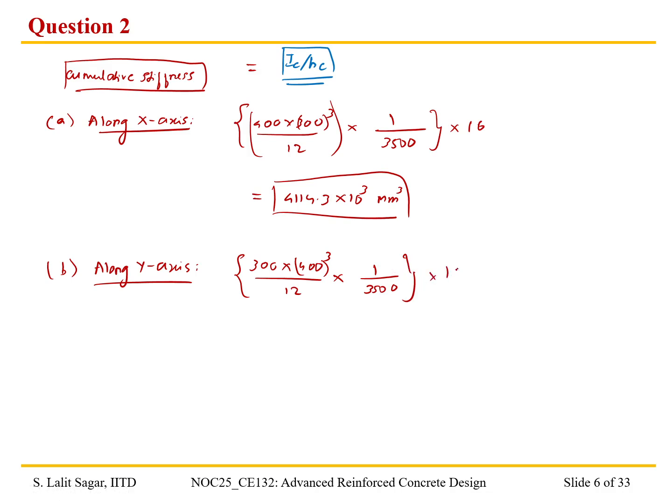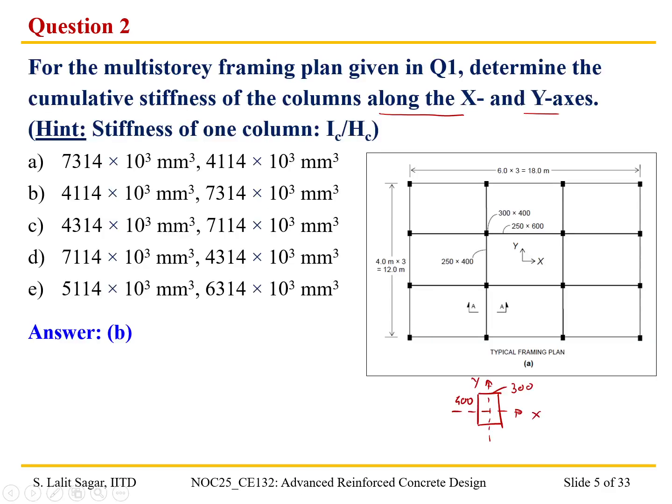Multiply this by 16 columns. Okay, this gives us a value of how much? 7314.3 into 10 to the power 3 millimeter cube. Okay, so the answers are 4114 and 7314. Okay, so option B is the correct response.